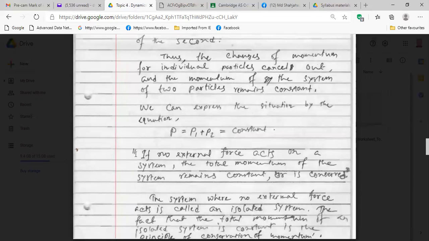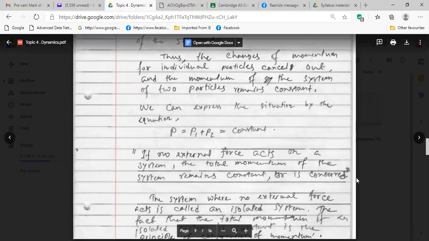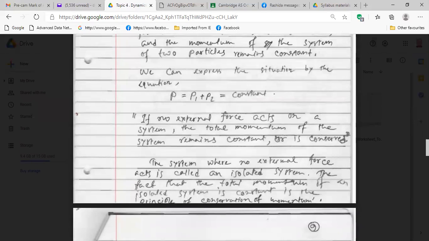The statement will make it more clear, and it is written here: if no external force acts on a system, the total momentum of the system remains constant or is conserved. Again, we have some more information.